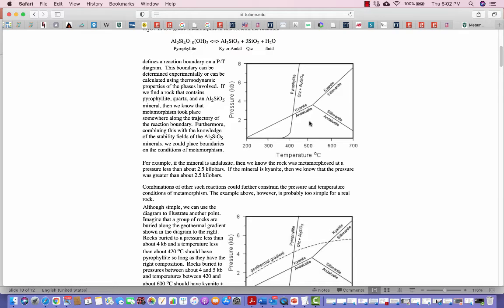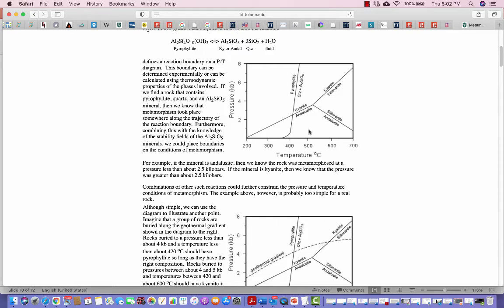And so here is the chart again with temperature starting at 200 degrees Celsius. So when we say low temperature, it's not all that low. 200 degrees Celsius going all the way up to 700 degrees Celsius along the bottom. And at the top, the pressure is going from 0, like sea level, all the way up to 8 kilobars of pressure.